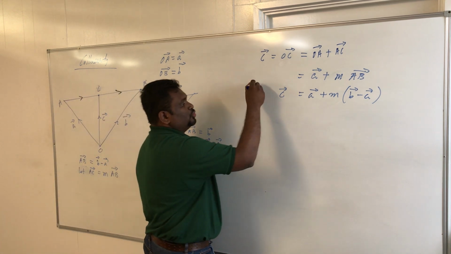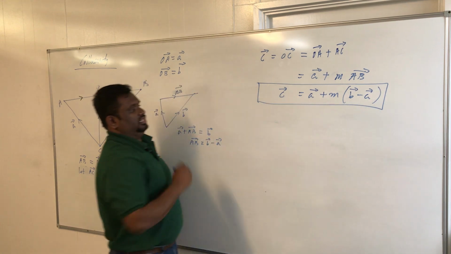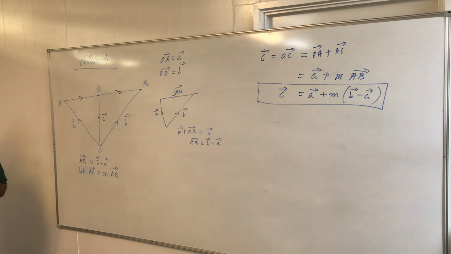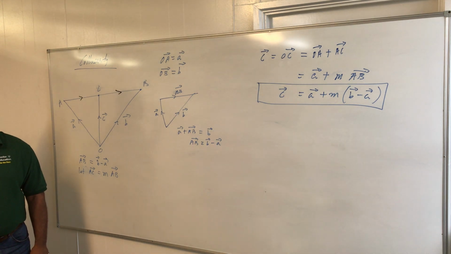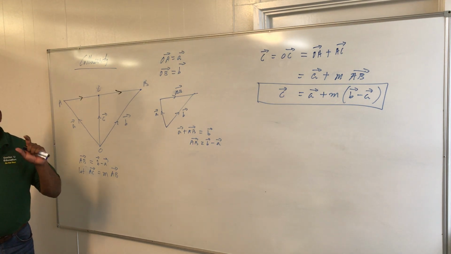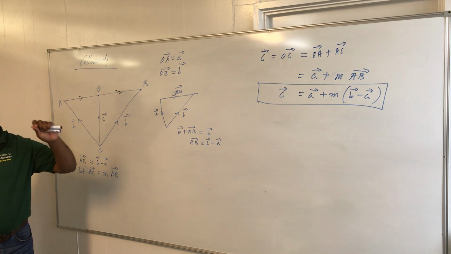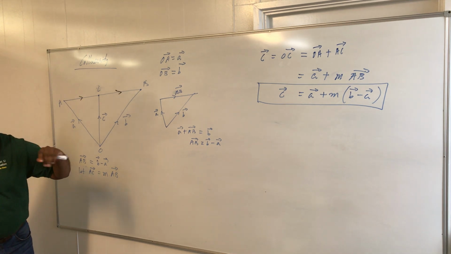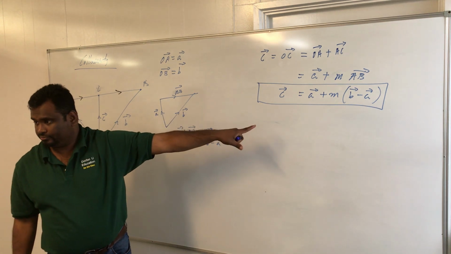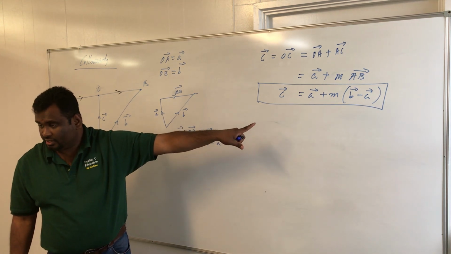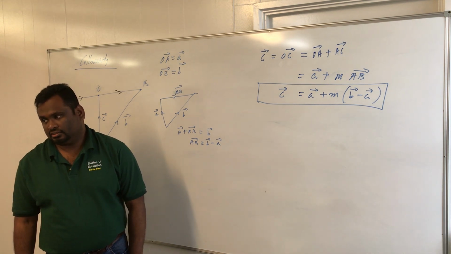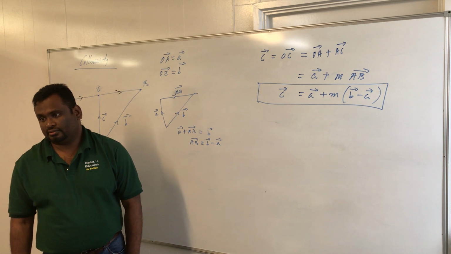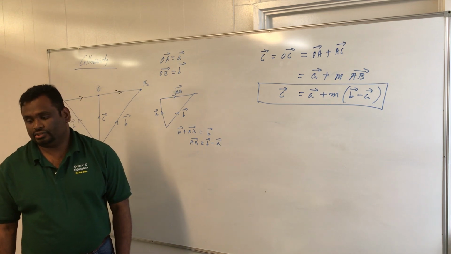This condition should hold true if collinearity holds true. Collinearity means, look again, 3 points should be on the line plus this condition should hold true, where m is a constant. Any questions?